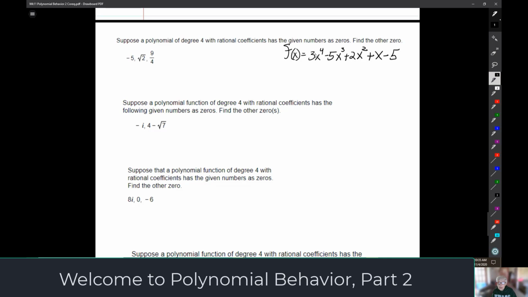The coefficients are the numbers in front of the x's. That's an invisible 1. These are what we would think of as being normal kind of numbers. They're real and they're rational. These are real and rational coefficients.